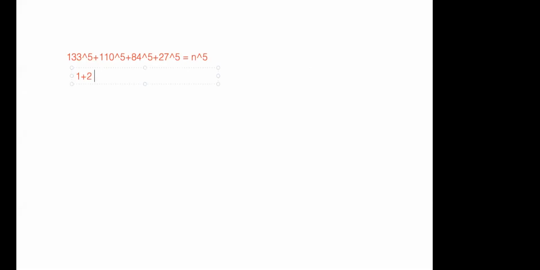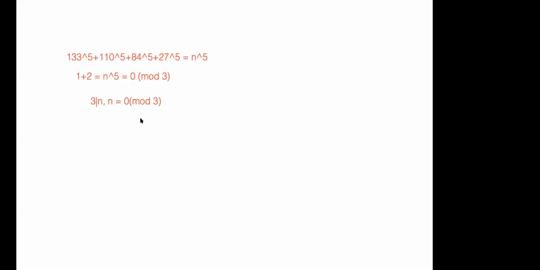So 1 plus 2 is congruent to, I don't have the congruent symbol, so I'll just use this one, pretend there's 3 lines here, equals n to the fifth mod 3. So this is just equal to 0. So we know that 3 divides n, or n is congruent to 0 mod 3.